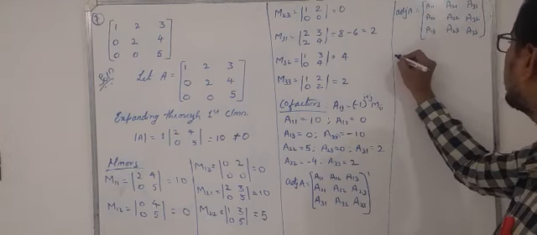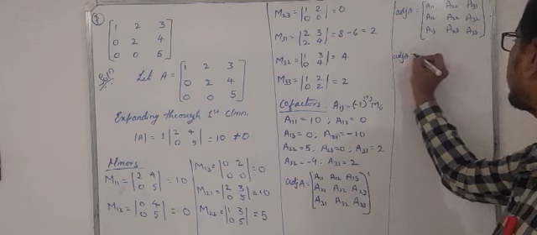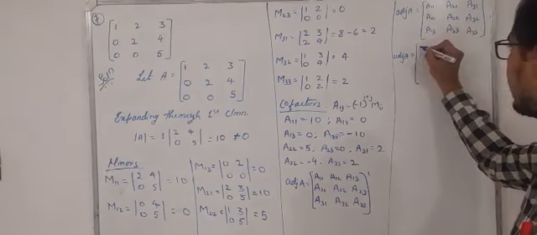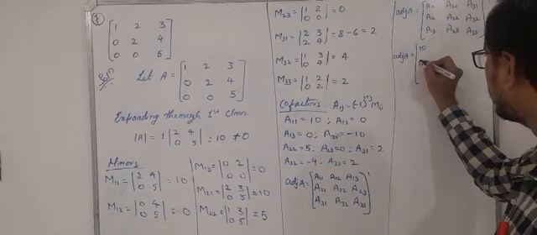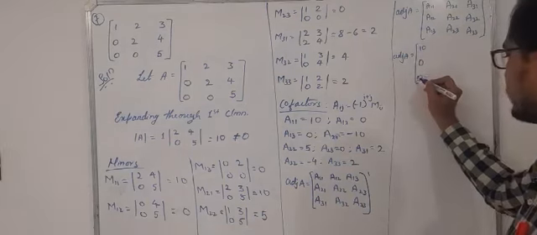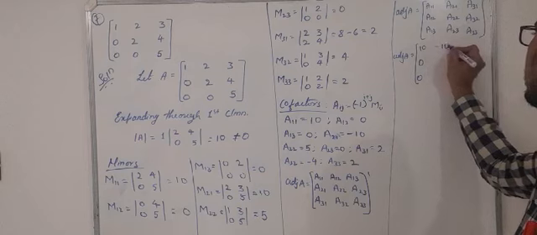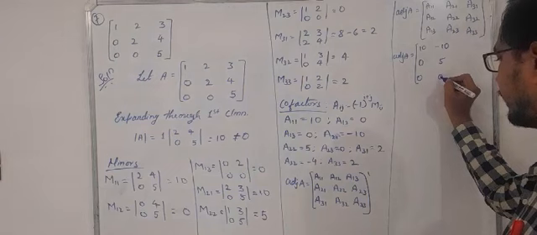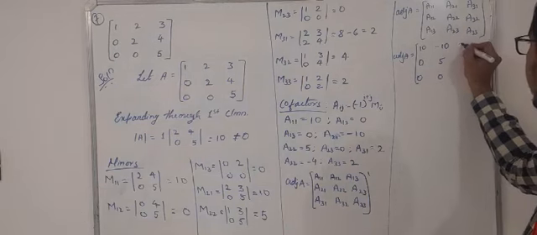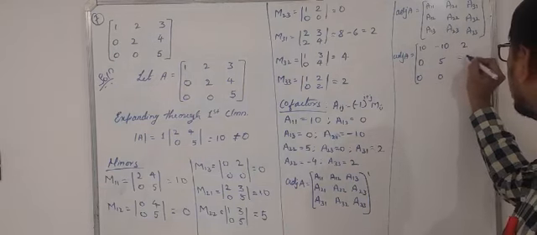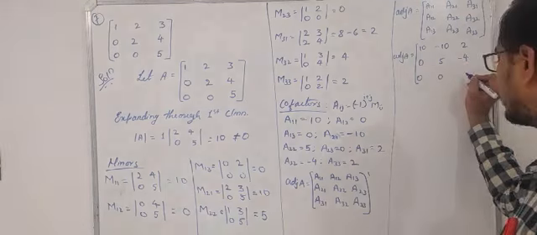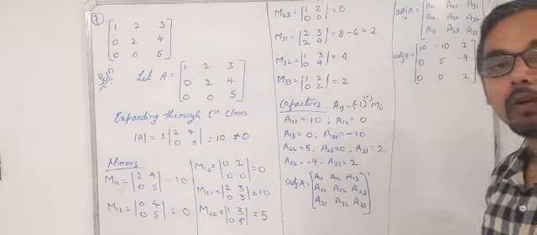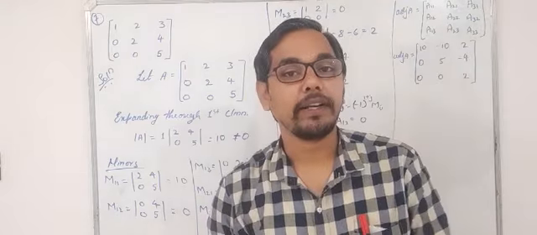So adjoint of A will be equal to: what is A11? 10, A12 0, A13 0, A21 minus 10, A22 5, A23 0, A31 2, A32 minus 4, A33 2, right? So this is how we get the value of adjoint A.